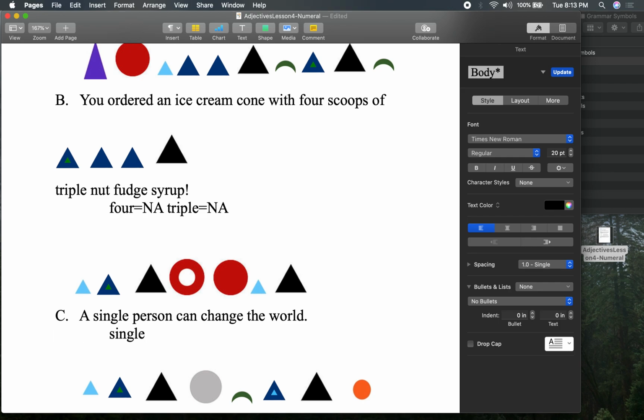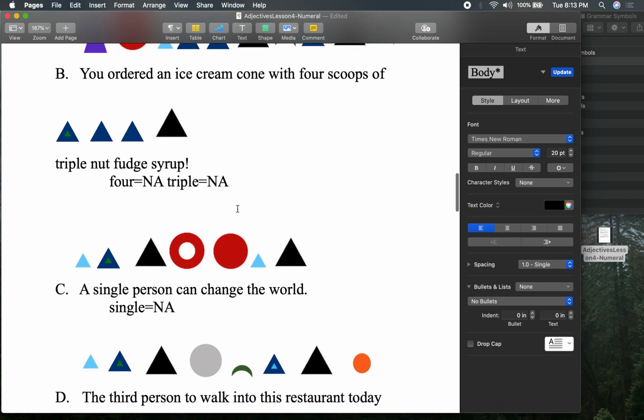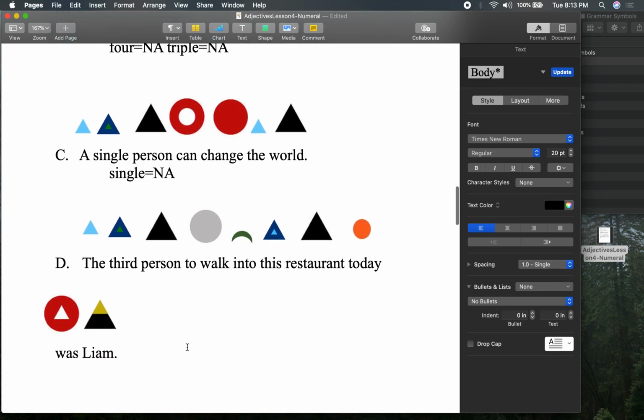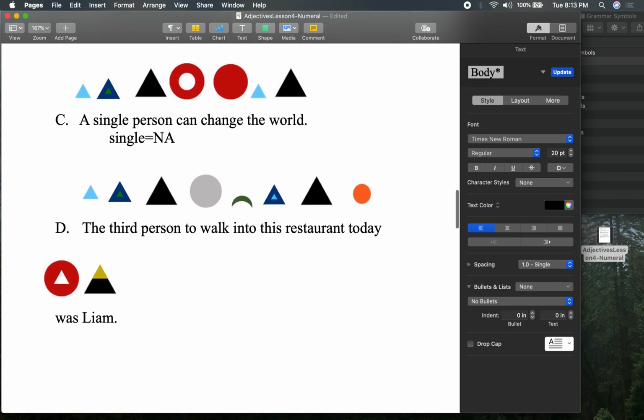All right, so a single person can change the world. Single, that is a numeral adjective. Okay. Will be the third person to walk into this restaurant. So third is a numeral adjective. This is a demonstrative adjective.